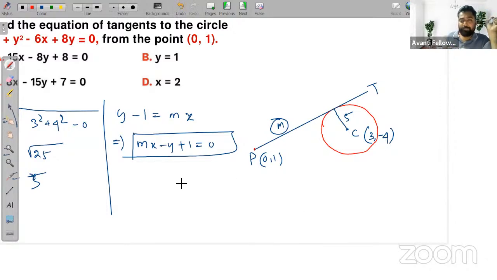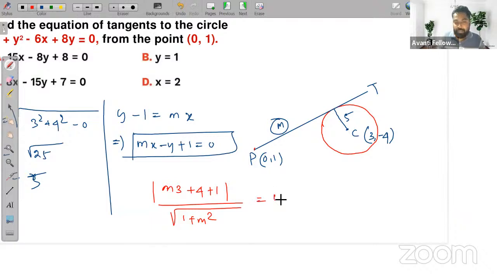Right? Okay. So let's find the perpendicular distance: that is m into 3 plus or minus of 4, that is plus 4, plus 1, upon root of 1 plus m square, which is given as 5.